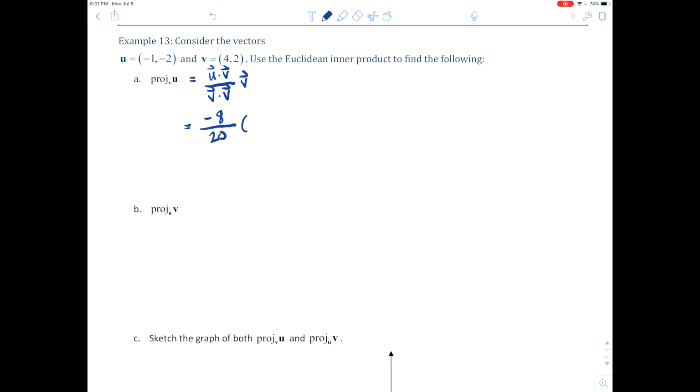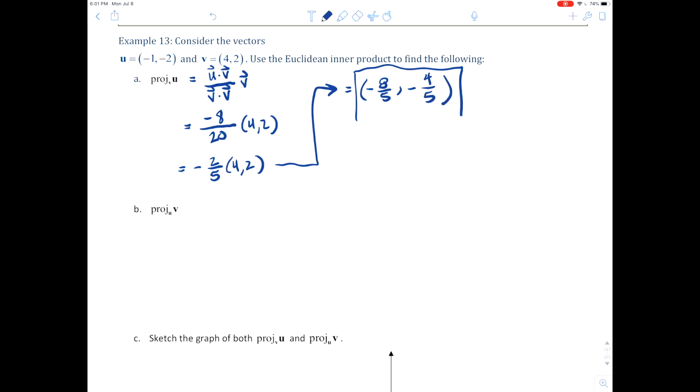And then we've got the vector 4, 2. So this is -2/5 times the vector 4, 2, which gives us the vector -8/5 and -4/5.